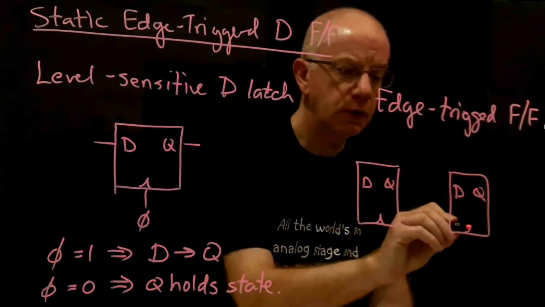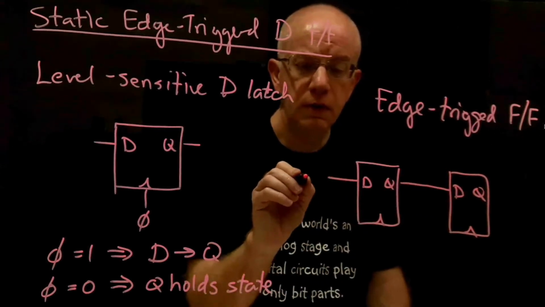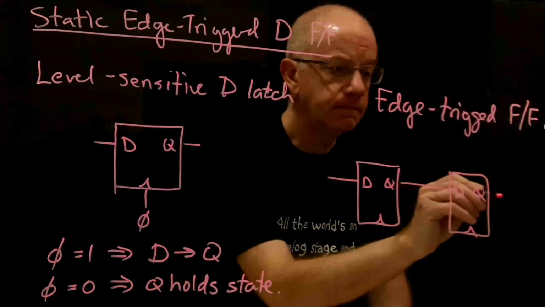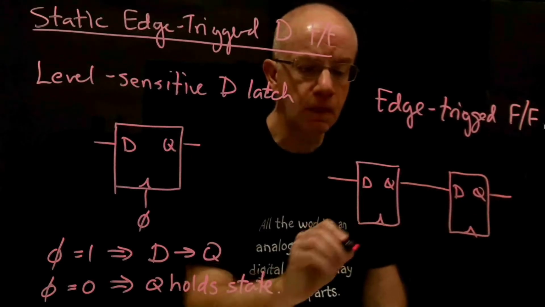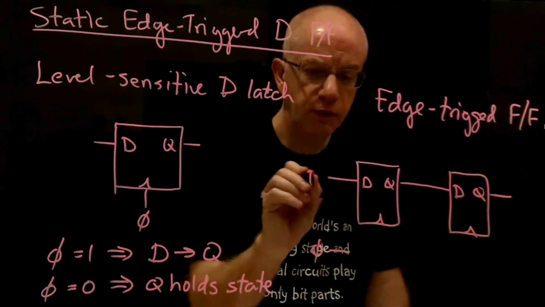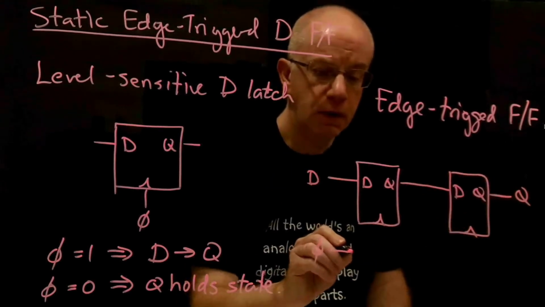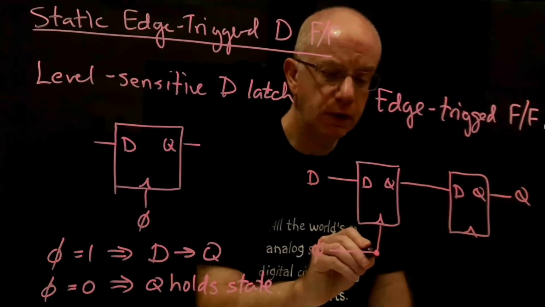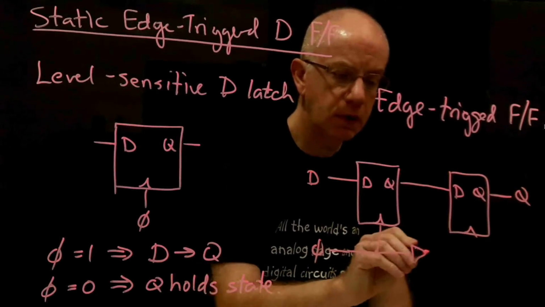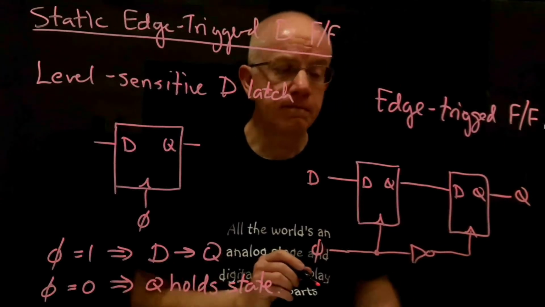We feed the input into the first one, so this is the D input, and this is the Q output of the overall thing. Say we feed phi in here, and then we invert the clock into the second one.